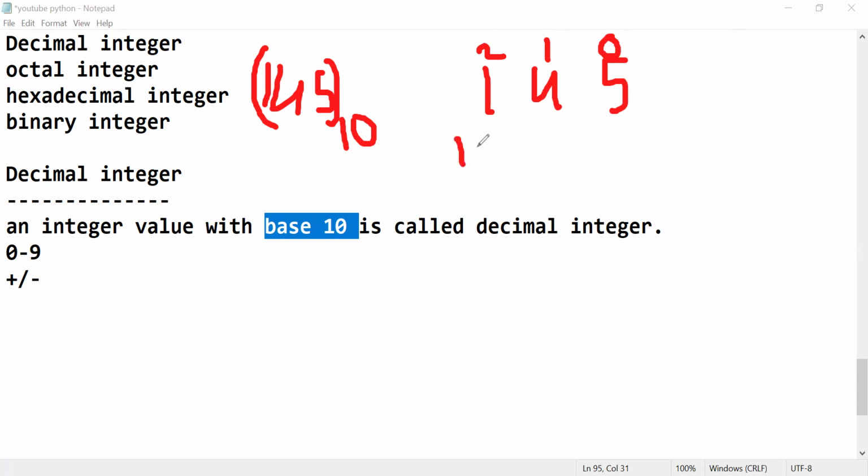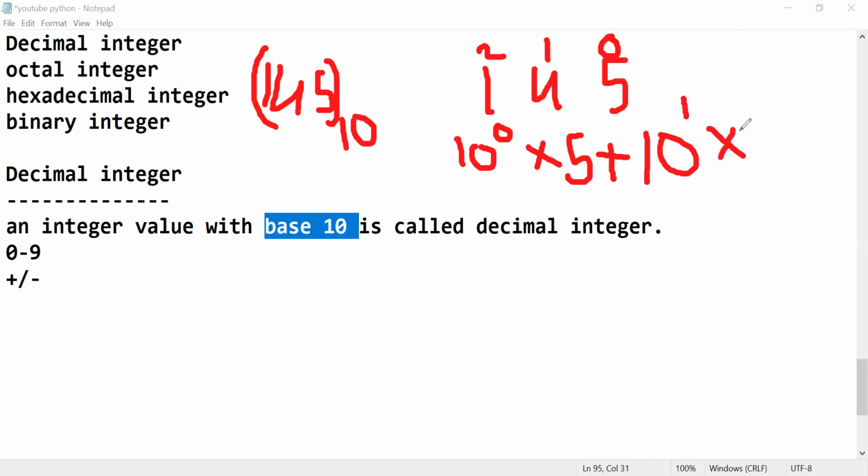The correct expression is base 10 power 0 into 5, plus 10 power 1 into 4, plus 10 power 2 into 1. Previously, what I wrote for 5 power 0 was wrong. This is the correct one.